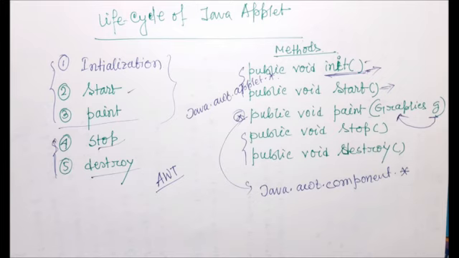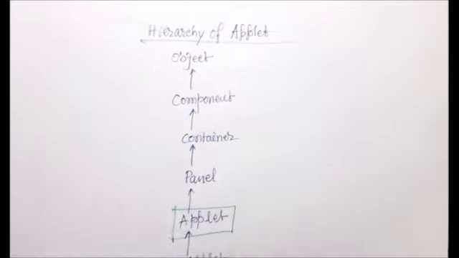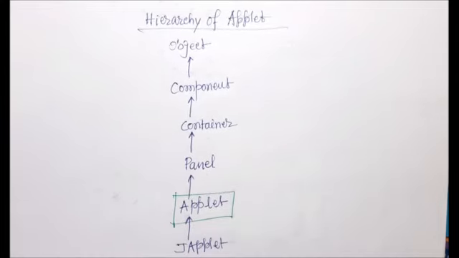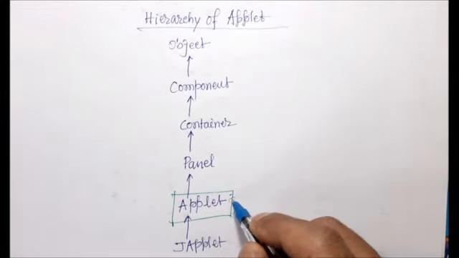So we know that the superclass is the Object class, which the Component class extends, which the Container class extends. In this way you can say that Panel is a superclass of Applet, and JApplet is a subclass of Applet class. You can see this picture to get a clear idea. So here I am just discussing the applet.